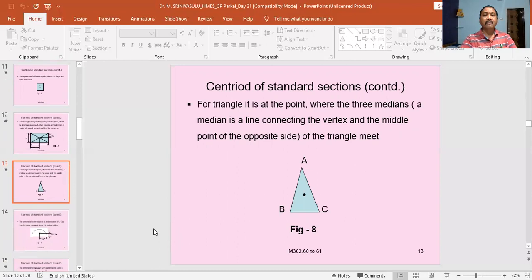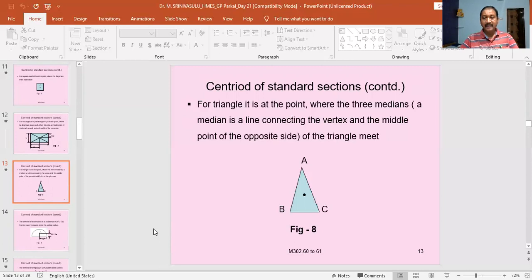And for the triangle, it is the point where the three medians intersect with each other. A median is a line drawn from the midpoint of a side to the vertex of the opposite side.